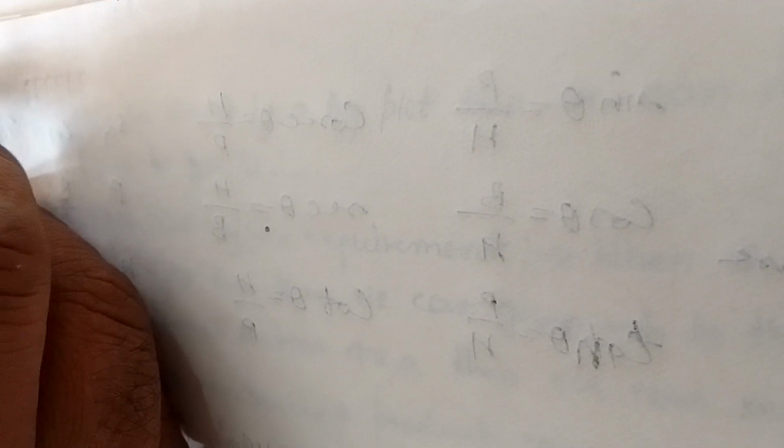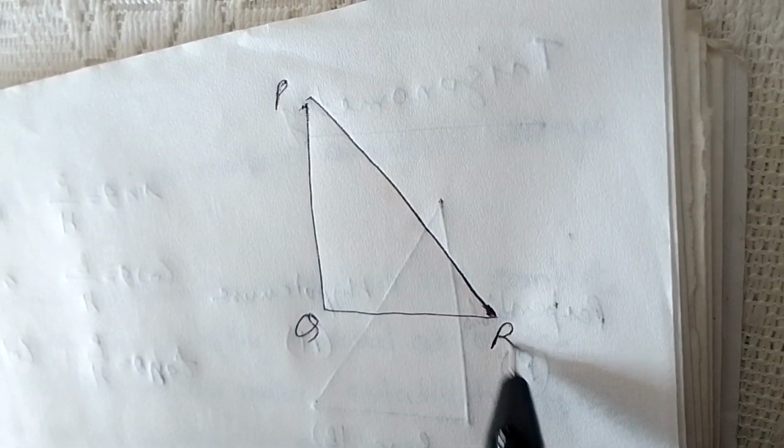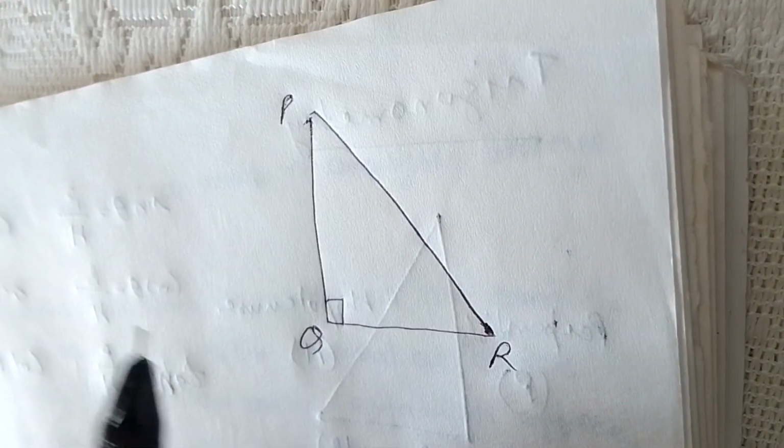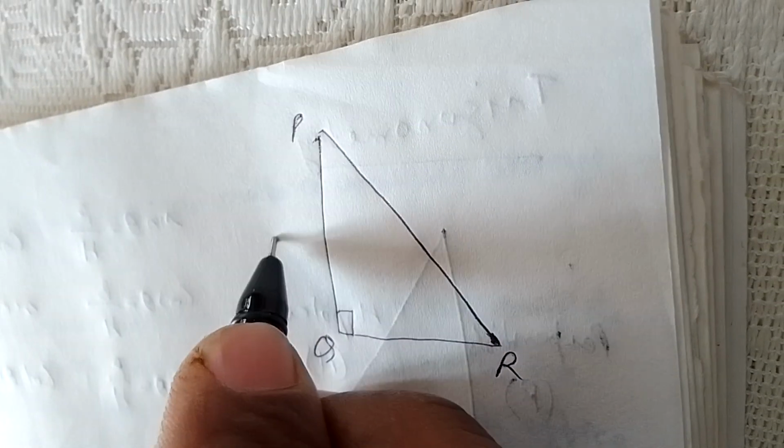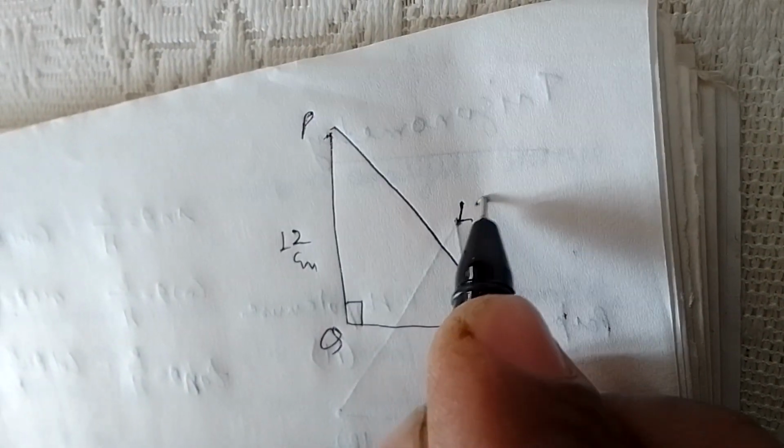Now the second question is, in which the figure given is P, Q and R. Angle Q is a right angle, and PQ value is 12 centimeter and PR is 13 centimeter.